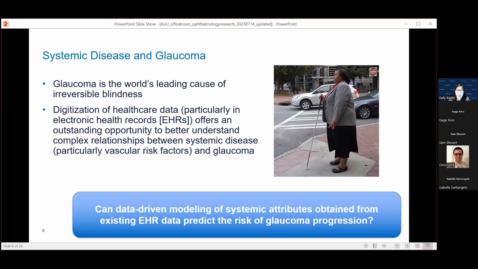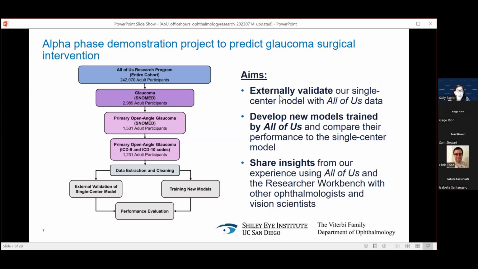And so the idea here was that we had done some of this model training and testing with single center data, so data from our institution at the University of California, San Diego. But we wanted to use the data from All of Us as an external validation cohort.